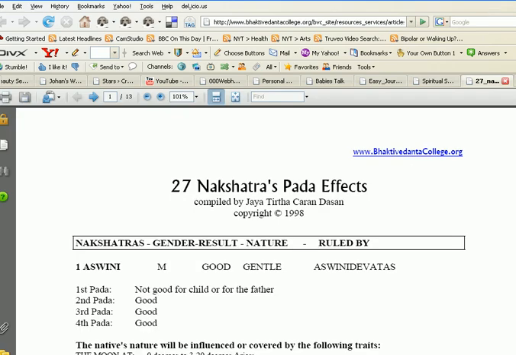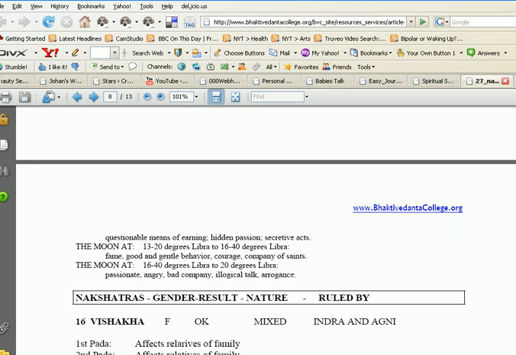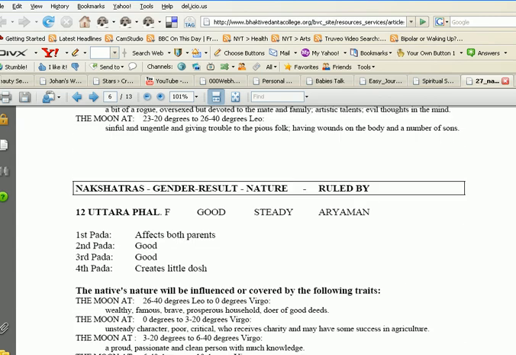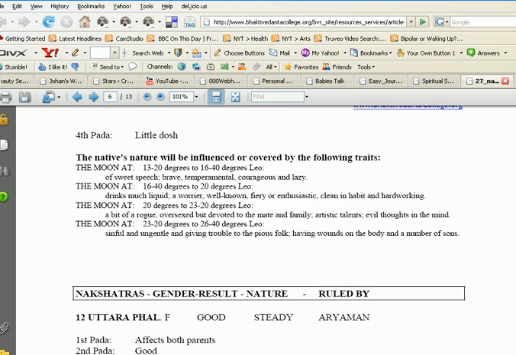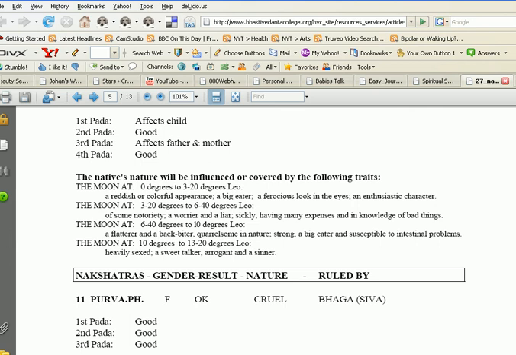The second pada of Leo has certain qualities and characteristics, and we can make a determination about that particular personality according to where the moon falls. Oh, here we go. Right here, between 3 degrees and 20 and 6 degrees and 40 minutes.